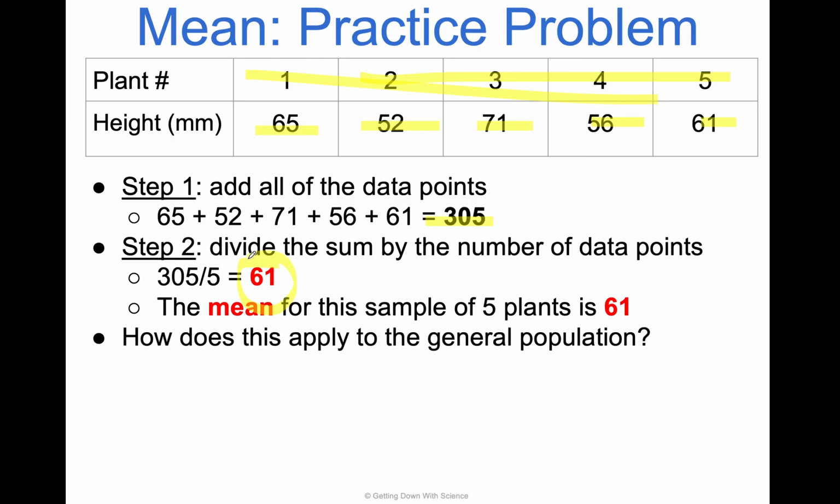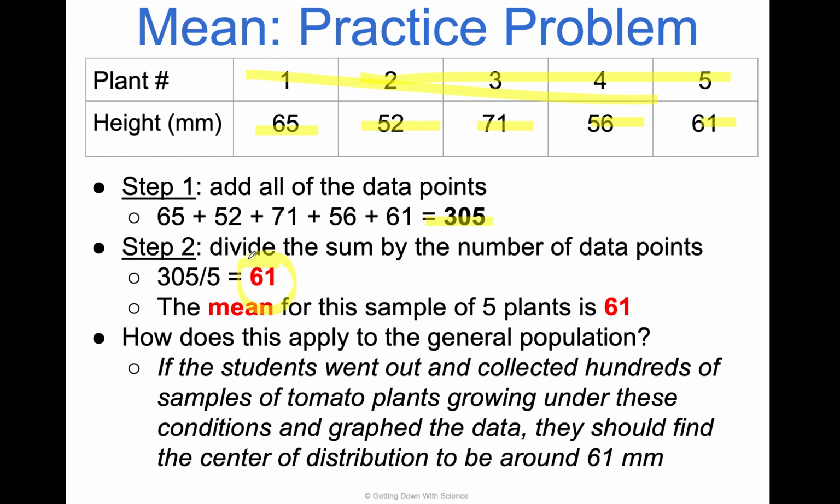How does this apply to the general population? If the students went out and collected hundreds of samples of tomato plants growing under these same conditions and graphed the data, they should find the center of the distribution to be about 61 millimeters. That is our central tendency. When we look at our bell curve, 61 should be right up there.